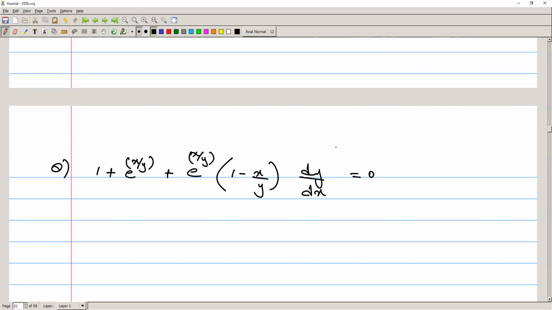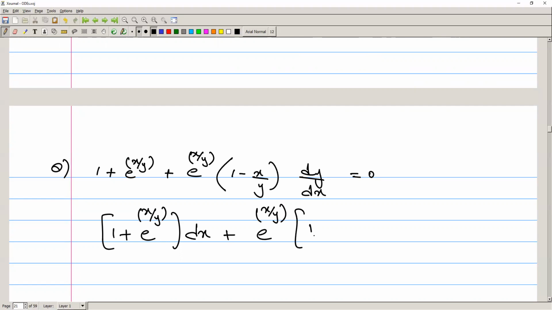First of all, make this equation in the form e to the power x over y dx plus e to the power x over y into 1 minus x over y dy is equals to 0.